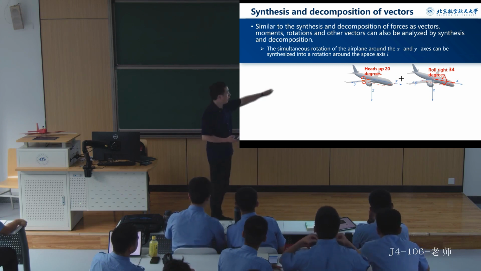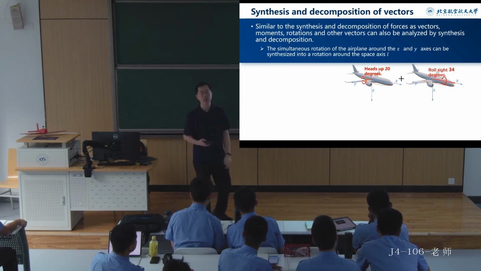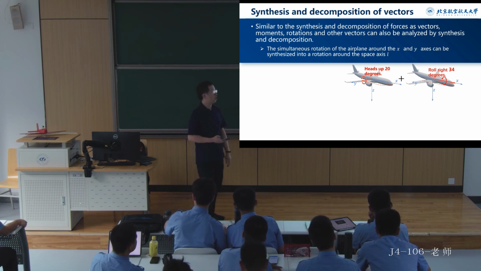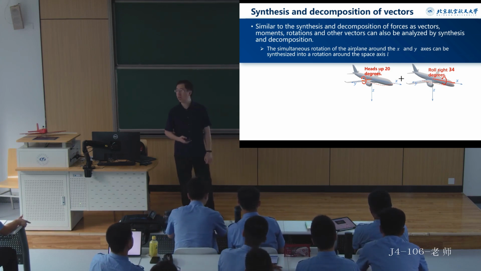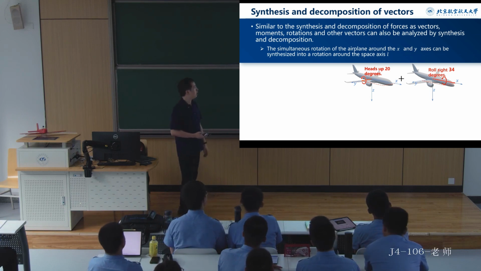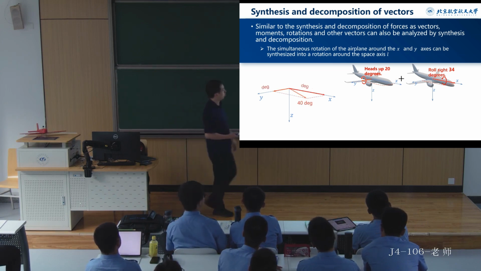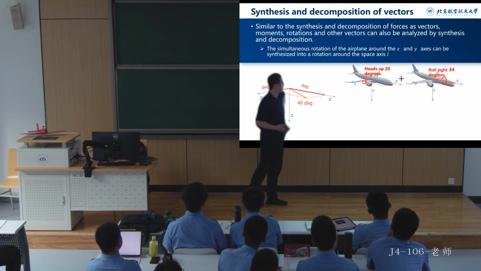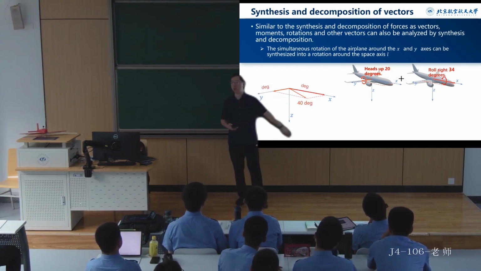This means that when our airplane simultaneously pitches up 20 degrees and rolls 34 degrees to the right, we can actually use vector addition to combine these into a rotation around a single axis, right? In this way, we can achieve the exact same effect. So, what does this correspond to in practice? The effect of rotating 40 degrees around the axis we obtained. How do we get this 40 degrees?